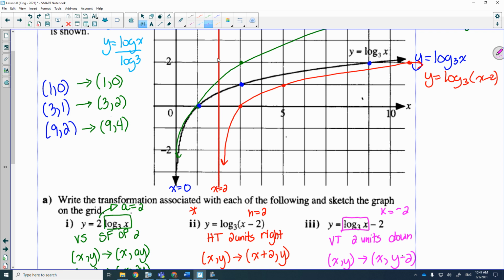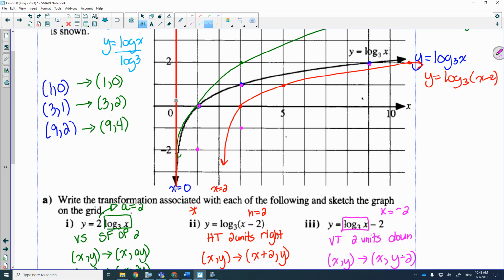I'm going to put my VA back at 0 because it does. If I take this and I say move this 2 down, that doesn't make sense, right? So I need my VA back at 0, so at least I know how to plot this. So this one, 2 down, would go here. This guy would go here.